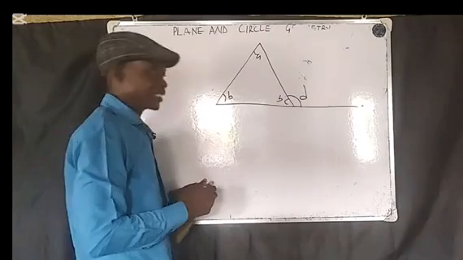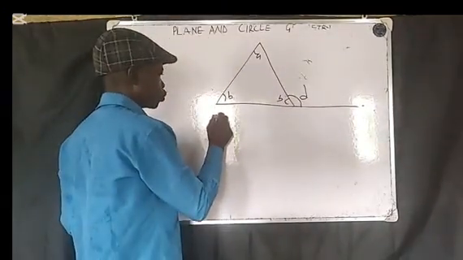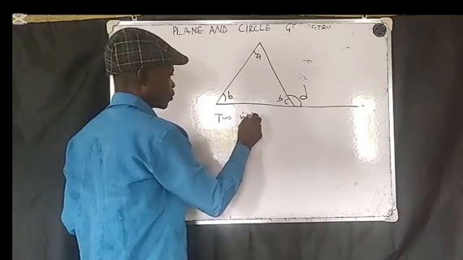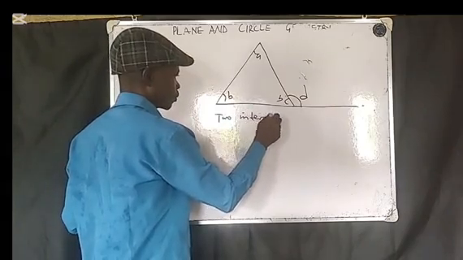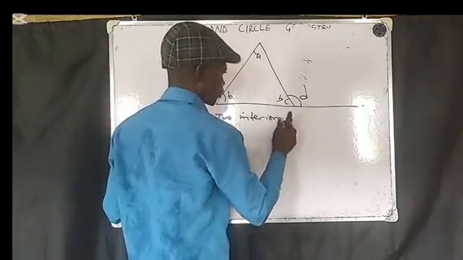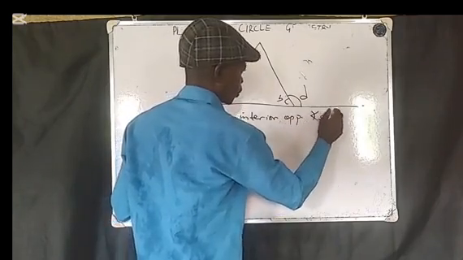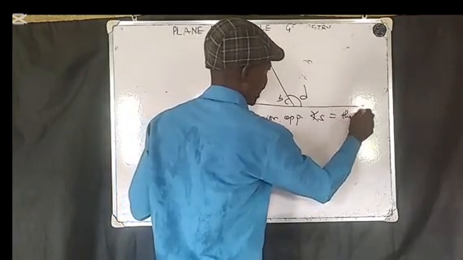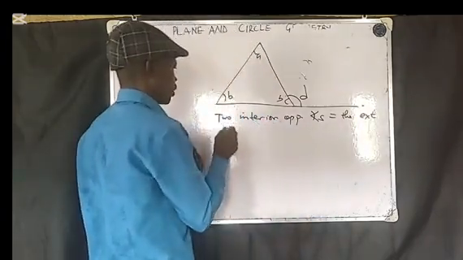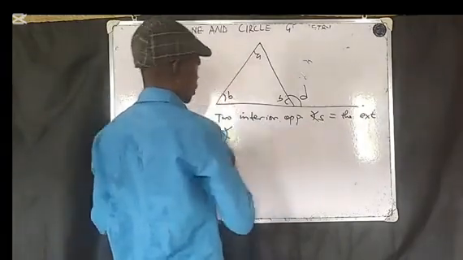Okay? So there's a concept in plane geometry that says 2 interior opposite angles equal the exterior angle. 2 interior opposite angles of a triangle equal the exterior angle.